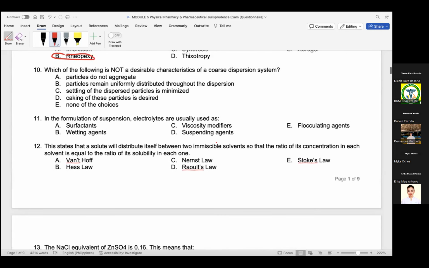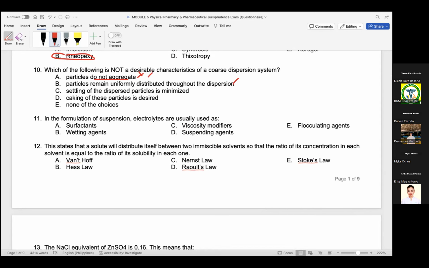Next, which of the following is not a desirable characteristics of a coarse dispersion system? A, particles do not aggregate. O kailangan flocculated. So, hindi yan. Particles remain uniformly distributed throughout the dispersion. That is also a desirable characteristics.